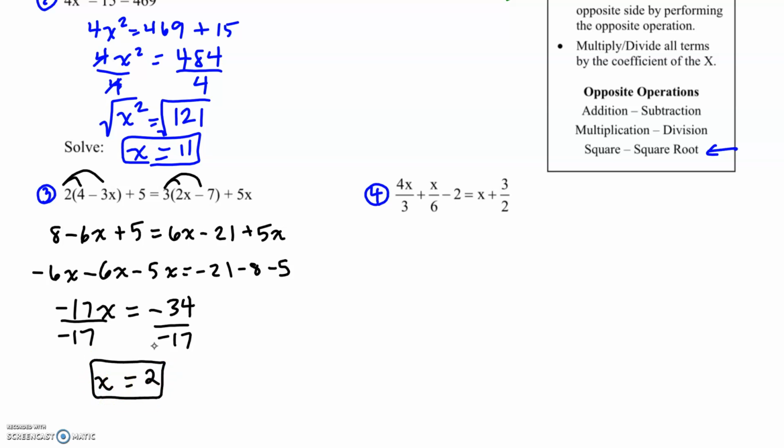All right, the last question is our fractional equation. I do not want to work with the fractions, so I'm going to do something called clear the fraction. We clear the fraction by multiplying both sides of the equation by the LCM, which is the lowest common multiple.